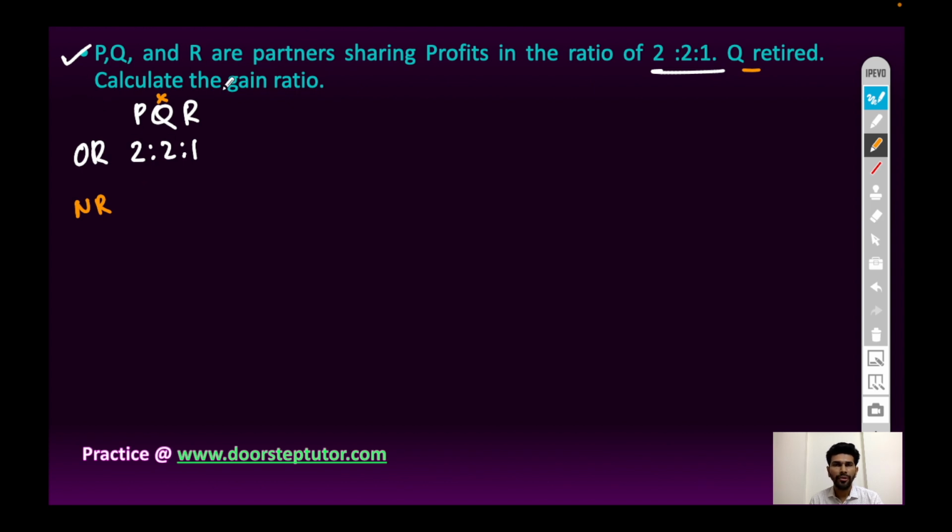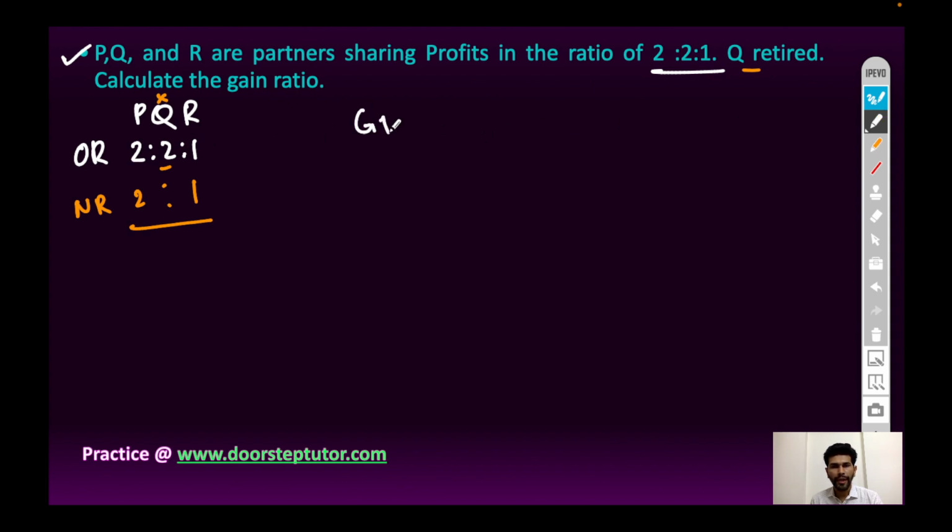In case no additional information about new ratio is given, then we will assume that the retiring partner's share will be cancelled and new ratio will be 2:1 between P and R. The share of Q, the retiring partner, will be cancelled. So new ratio will be 2:1.